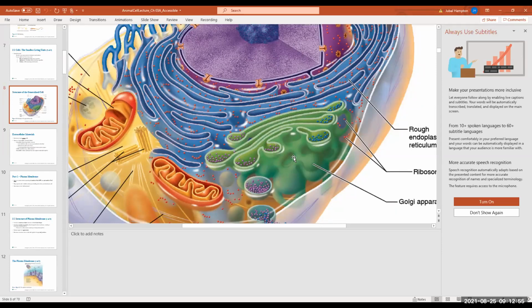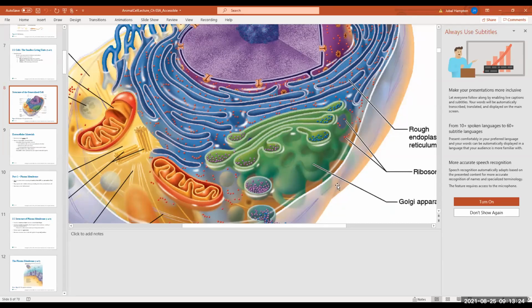It has two surfaces, a cis and a trans surface. The cis surface is closest to the nucleus. It's the receiving. The trans faces the cell membrane, and the trans is the actual transporting surface.